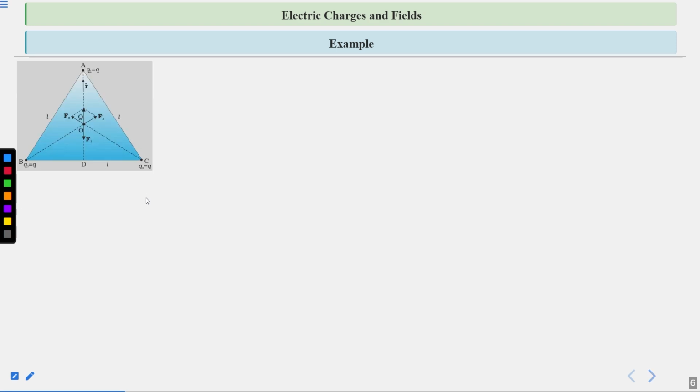Force F3 on Q due to charge q placed at point C, look here, is 3 divided by 4 pi epsilon naught, Qq divided by L square along CO. So these are all the forces F1, F2 and F3.